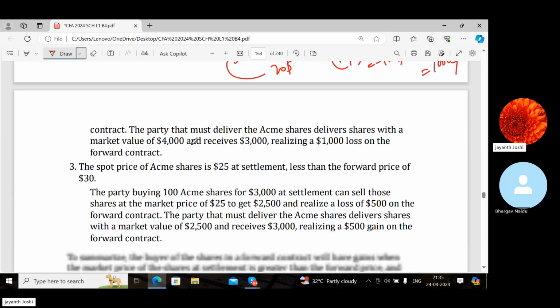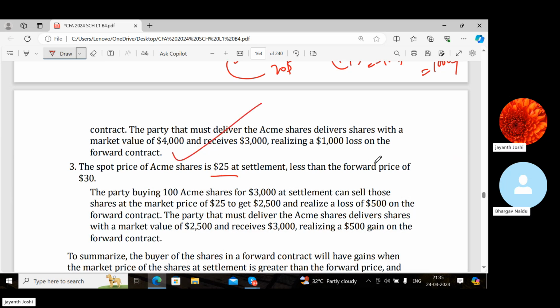And the spot price of Acme shares is $25 on settlement, less than the forward price of 30. So what will happen? The party buying 100 Acme shares for 3,000 at settlement and then selling those at 2,500 has a loss of 500. So the party must deliver the Acme shares, delivering shares with market value this much and receiving this much.